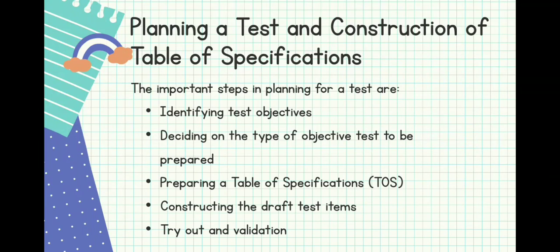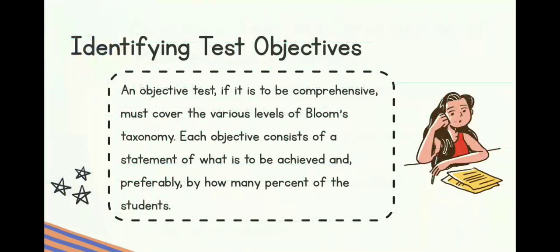specifications. The important steps in planning for a test are, first, identifying test objectives, deciding on the type of objective test to be prepared, preparing a table of specifications, constructing the draft test items, tryout, and validation. So let us first discuss the first step, which is identifying test objectives.